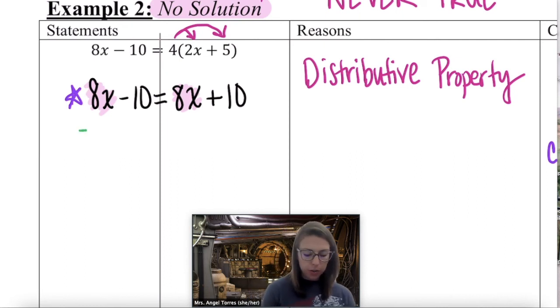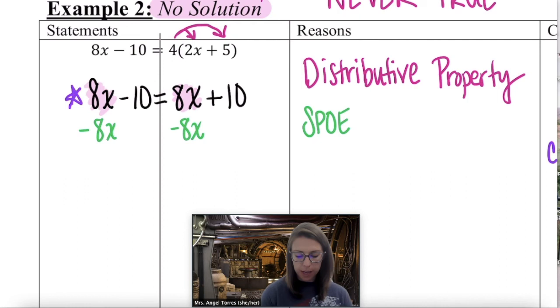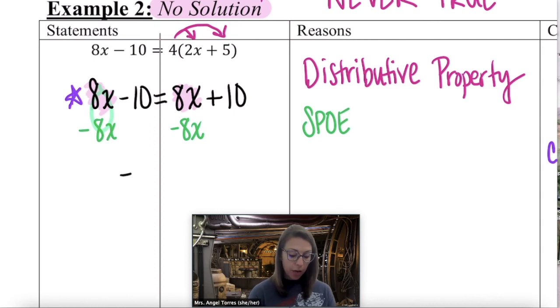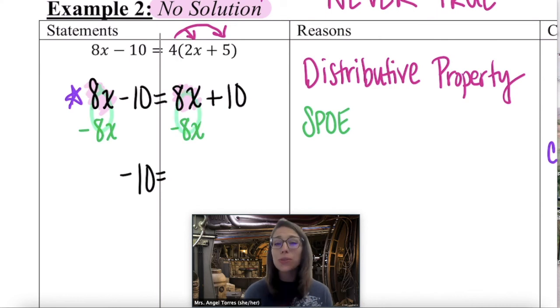I would have to subtract 8x, using our subtraction property of equality. Let's see what happens after we simplify. 8x minus 8x is 0, and on the left we have, careful, negative 10. On the right, 8x minus 8x is also 0. I've now created two 0 terms. That's a red flag. And on the right, it simplifies to positive 10.